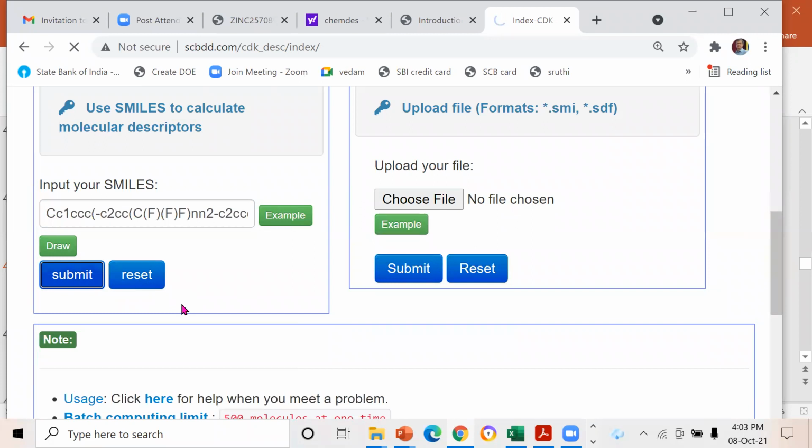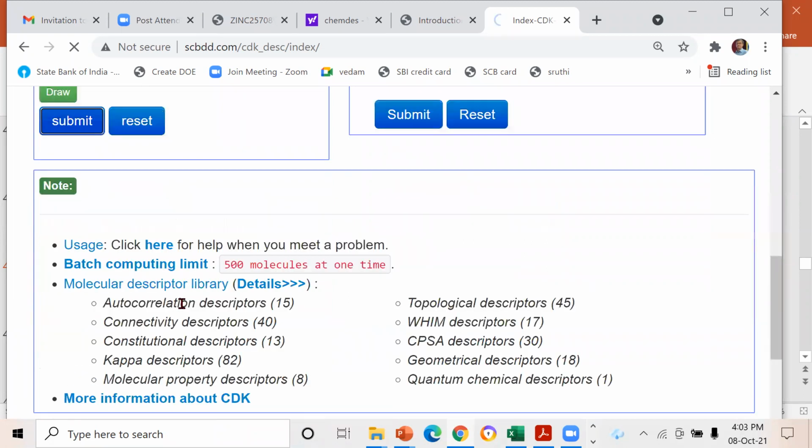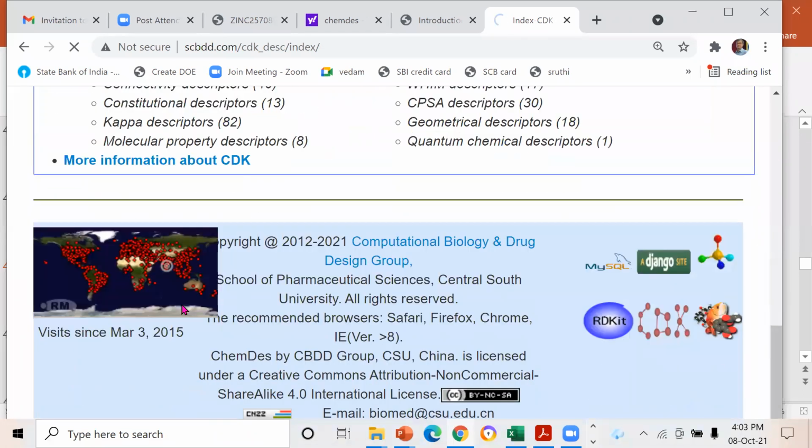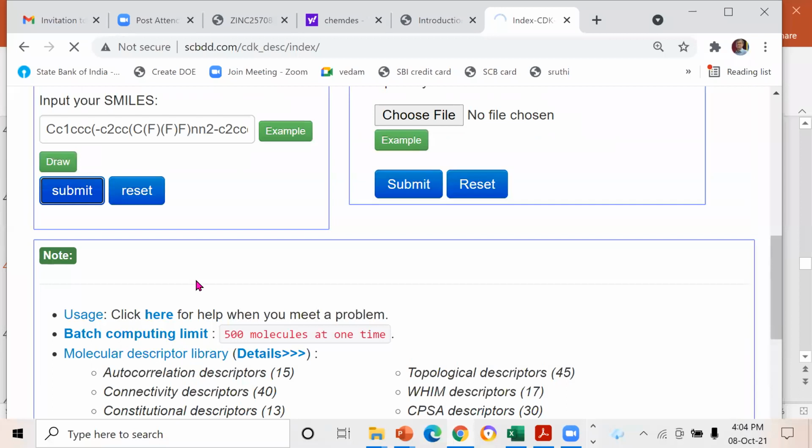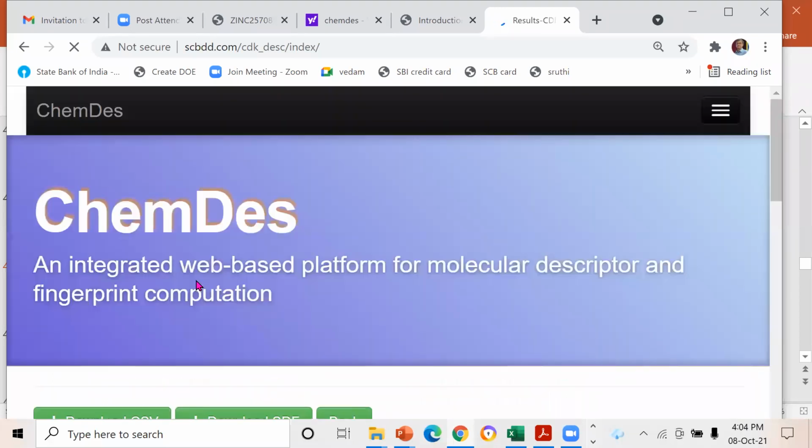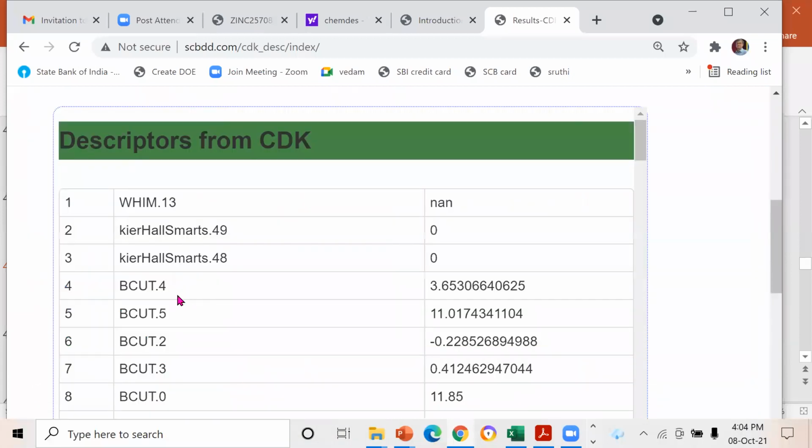Then we say submit. It has calculated many of them.